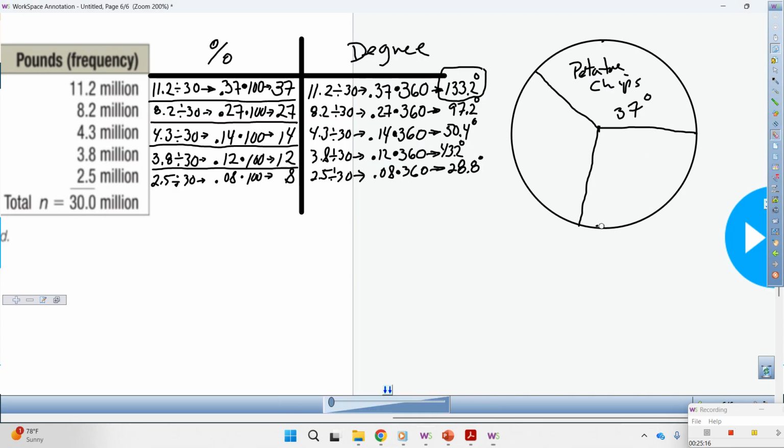Let me go a little bit less. Tortilla chips. And that one was 27%. All right. Not bad, not bad.